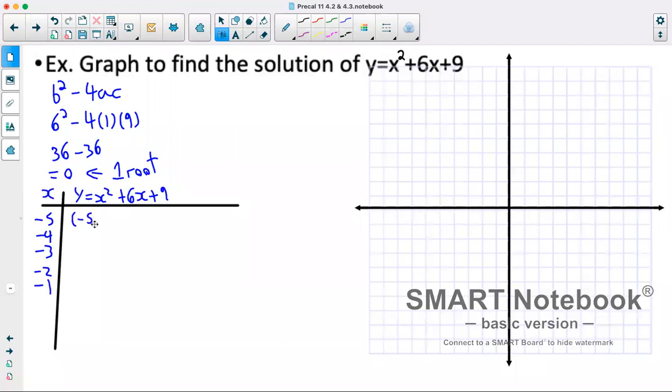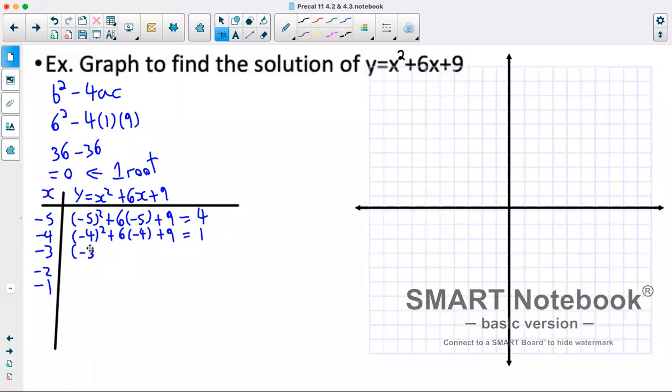So we have -5 squared plus 6 times -5 plus 9. So -5 squared is 25. Minus 30 is -5. Plus 9 is 4. Next, we have -4. So -4 squared plus 6 times -4 plus 9. So -4 squared is 16. Minus 24 is -8 plus 9 would be +1.